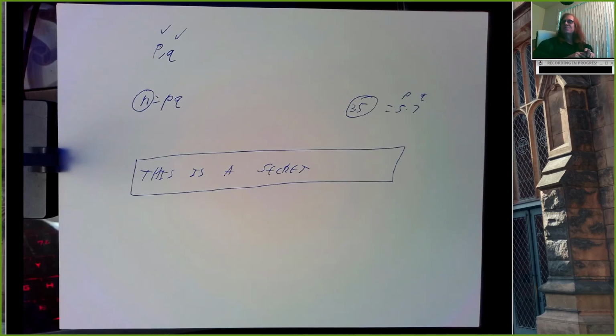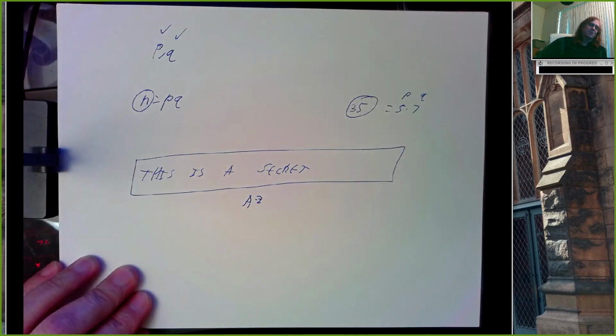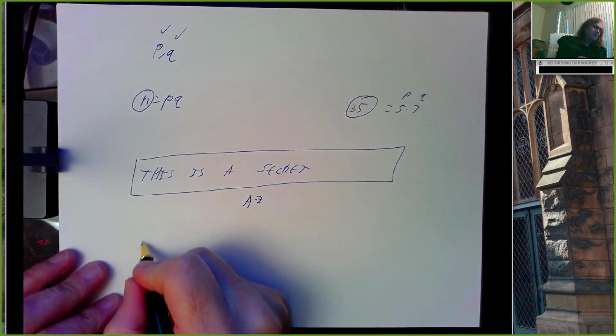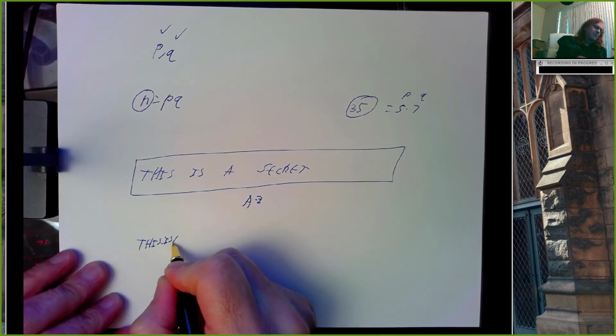It doesn't really matter, but the bigger the block, the more secure it's going to be. So we'll work with small blocks just for the sake of doing this on paper. And to further simplify this, we're going to assume that you're only working with uppercase letters A through Z. So I would actually write this message as, you know, THIS IS A TEST.